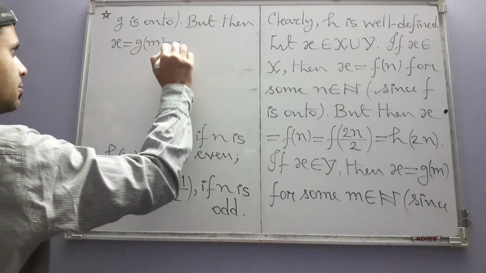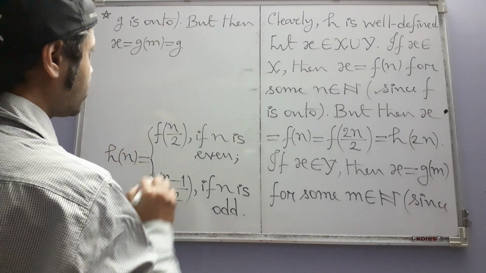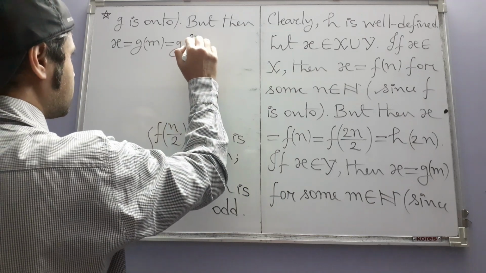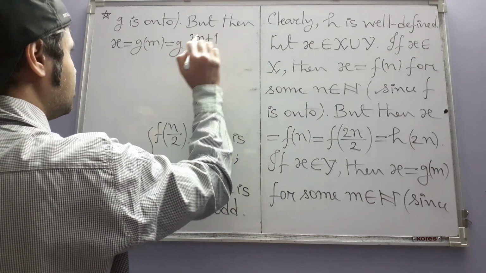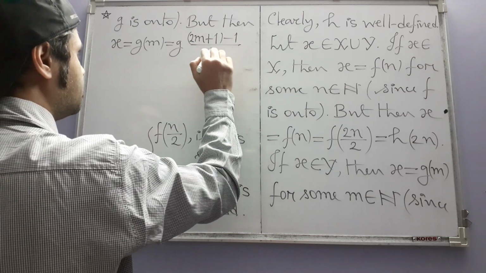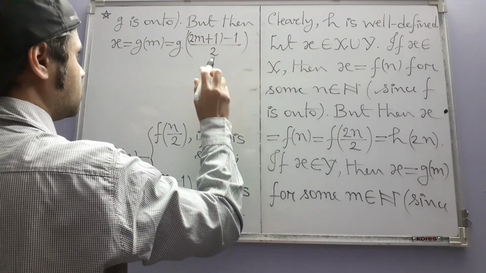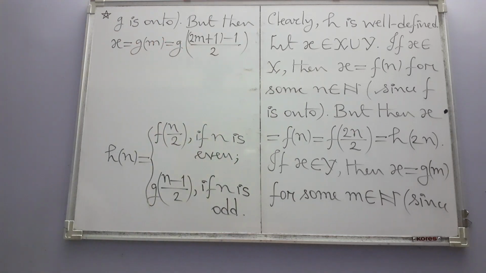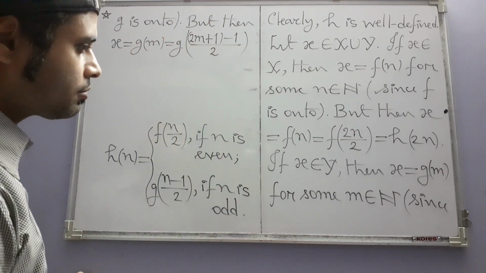Now note that g of m can be written as g of (2m plus 1 minus 1) divided by 2, because this is just m. Okay.